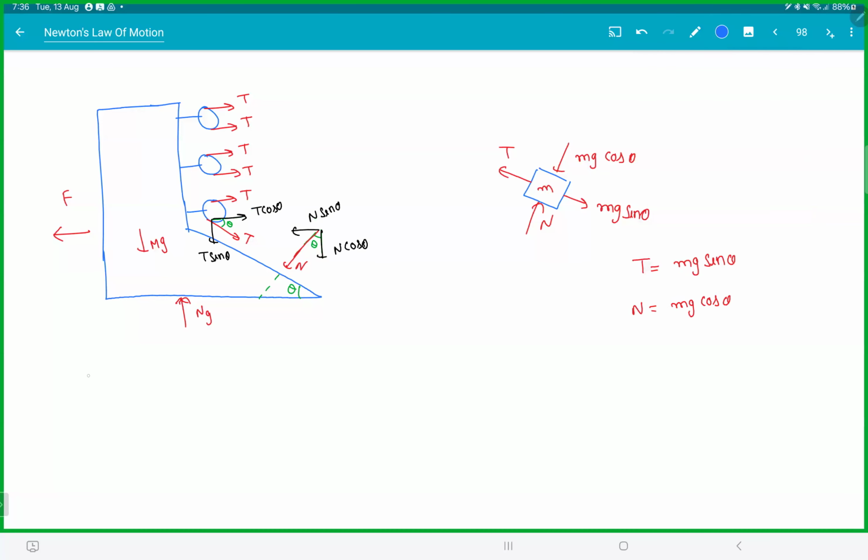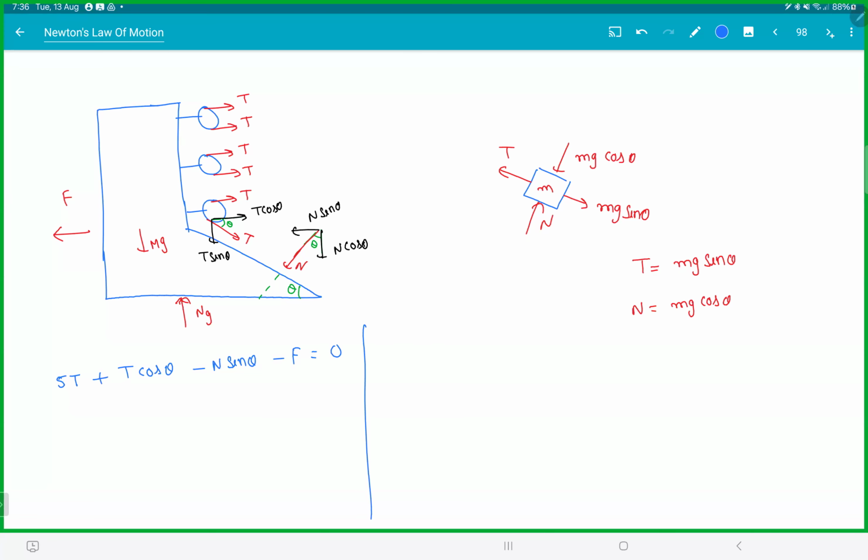Now, in the horizontal direction, F is on the left-hand side. So all the forces acting on the left must be equal to all the forces acting on the right. So I'll take right positive, left negative, same convention we did there. So 1, 2, 3, 4, 5 tensions to the right: 5T plus there's one T cos theta also to the right, minus N sine theta minus F, total force is 0.